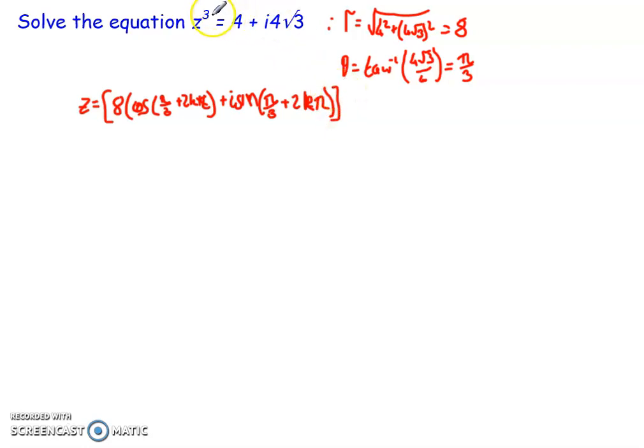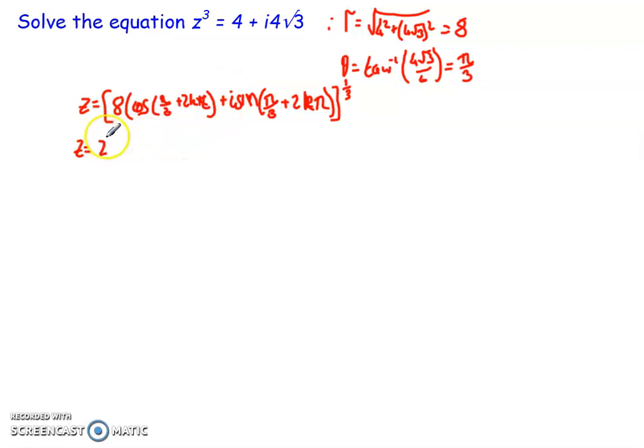This time though, because it's cubed here, I'm taking the cube root, so it's going to be to the power of a third. So 8 is going to be to the power of a third. I'm then going to multiply both these brackets in here by a third and start looking at my case. So I'm going to end up getting z equals 8 to the power of a third.